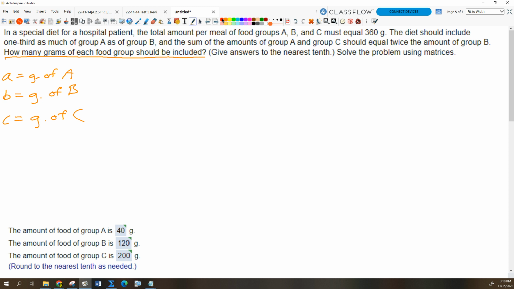Well, does this tell us something? The total amount per meal of food groups A, B, and C must equal 360 grams. What's that tell us?